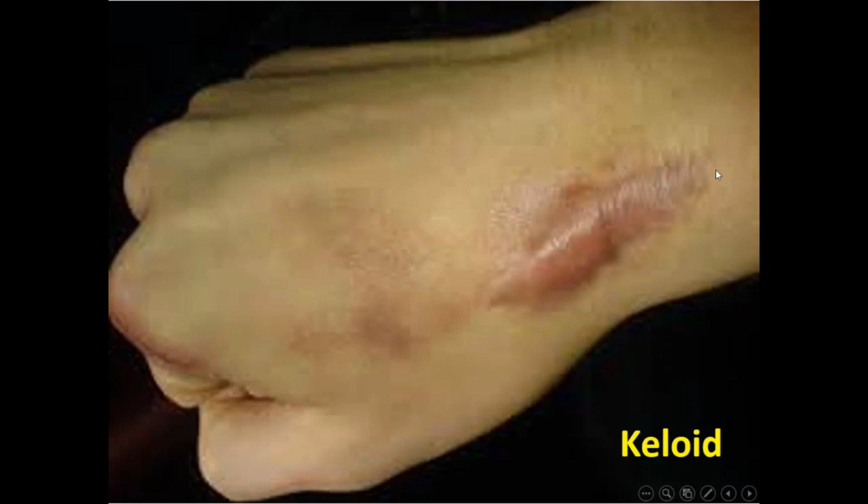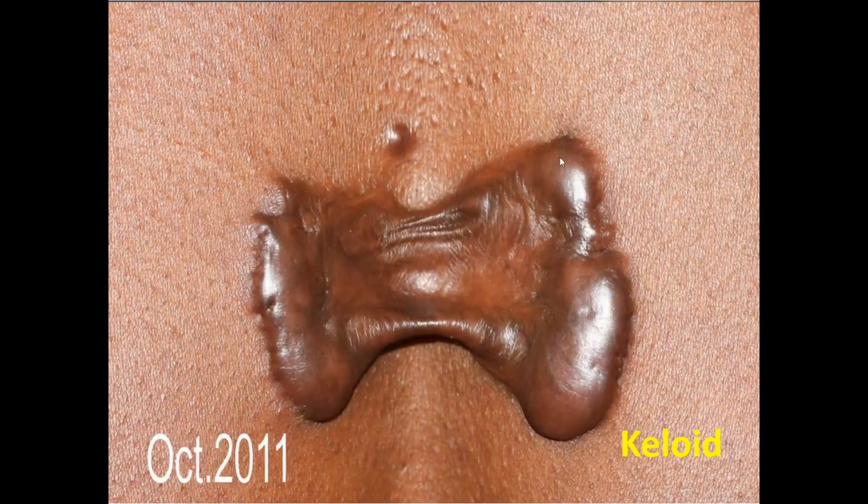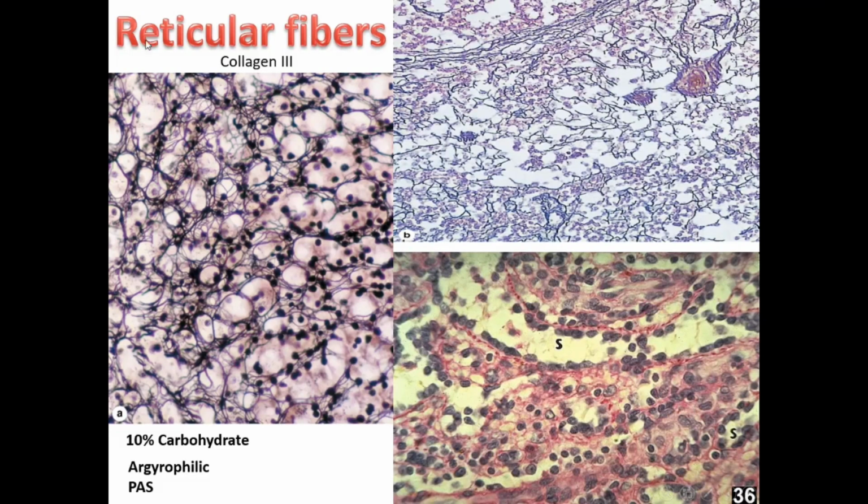We have this kind of disorder. You can see another picture of a keloid. And after surgical removal of this keloid, unfortunately, it is followed by a recurrence.